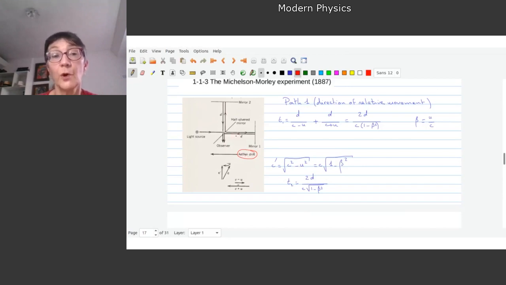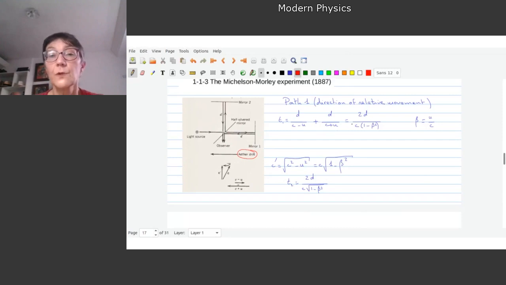So it's the same thing as what you know. And in this second path, path 2, you don't have this difference because it is perpendicular to the relative velocity. So you measure here expressions T1, the time light takes to go and come back.